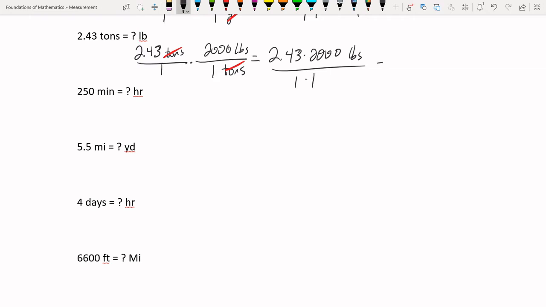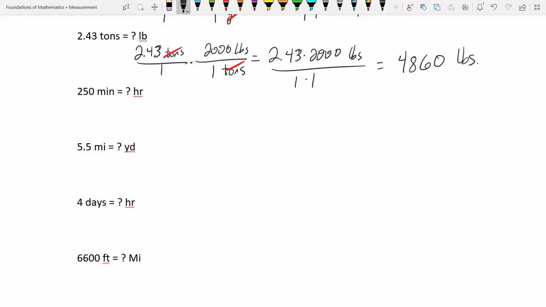Over 1 times 1 gives us 4.86. 4,860 pounds.